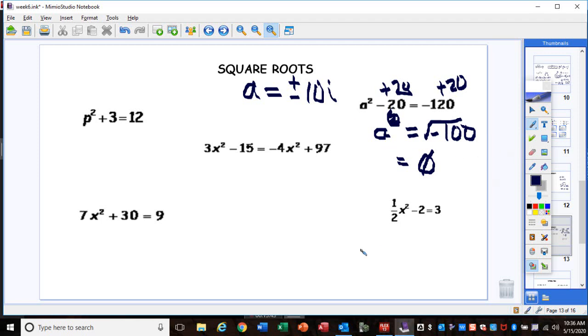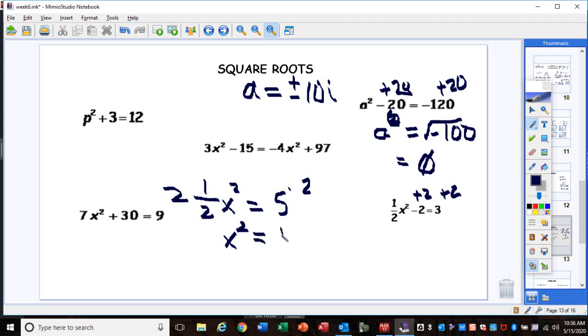Okay, last but not least, let's just add 2 here. I want to show you that sometimes you'll get something that's not a perfect square, but that's okay. It's still positive. So 1/2 x squared is equal to 5. Multiply both sides by 2 because it's 1/2. And so x squared equals 10. Now, 10 is not a perfect square.